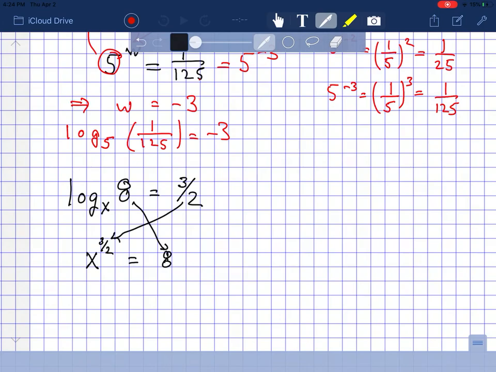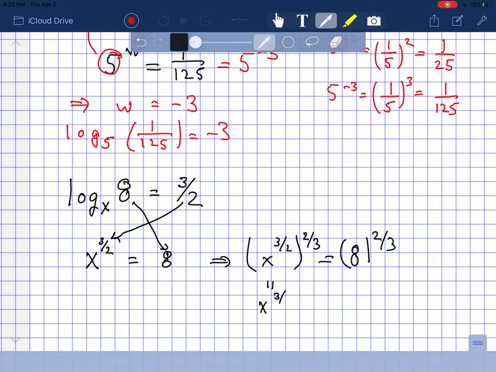So I have to find a number x such that when I raise it to the 3 halves power, I get 8. Well, this is equivalent to saying x to the 3 halves raised to the 2/3 is equal to 8 to the 2/3 power.